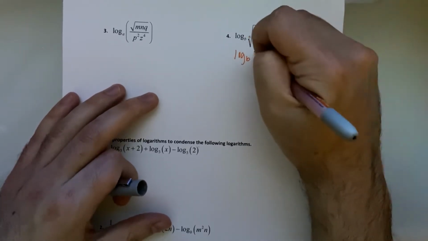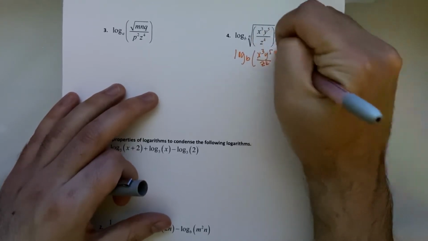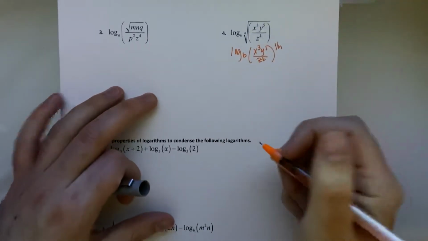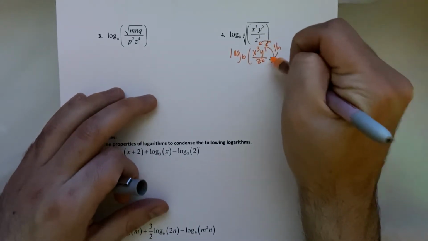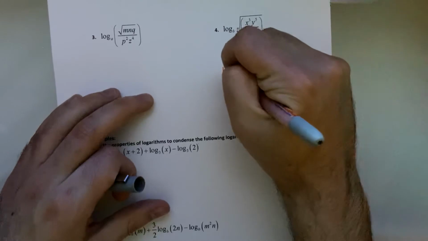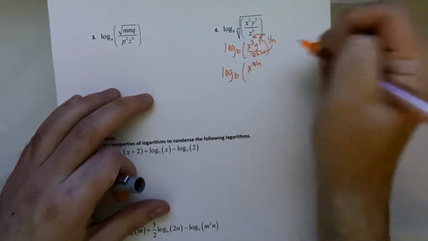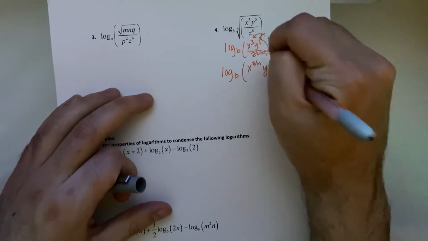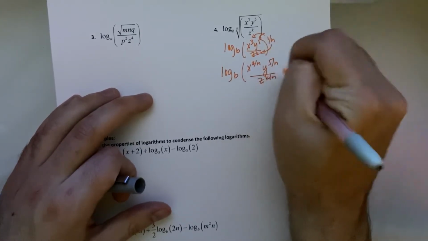This nth root is the same as raising everything to the 1 over n power. That gets distributed to everything on the inside, including the denominator. So log base b of x to the 3 over n, power to a power you multiply, y to the 5 over n, over z to the k over n.